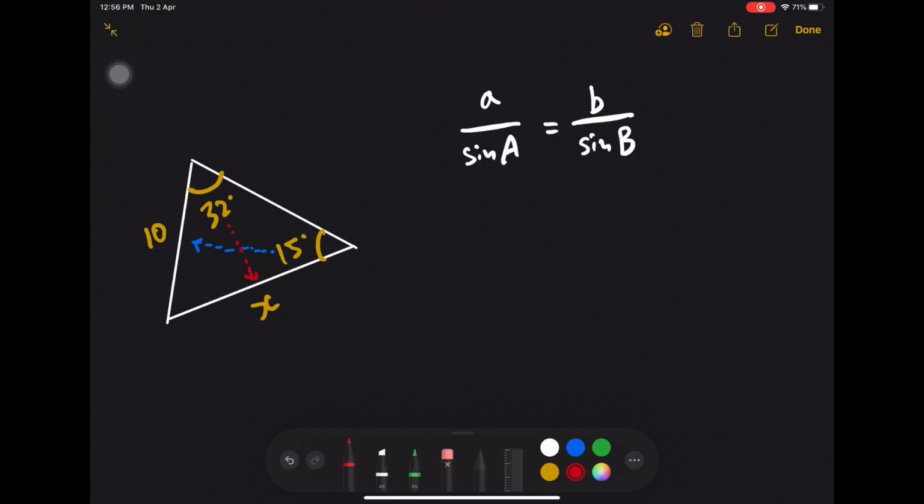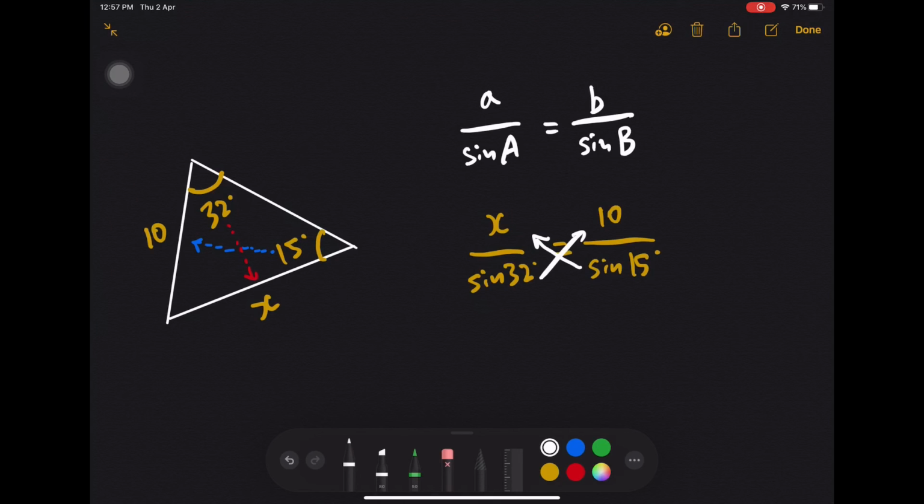Once you have this, you can use sine rule. Let me show you how to do this. I want to find my unknown x. My unknown x is the length over sine 32, and I'm given 10 units, my length, over sine 15. To solve for x, all we need to do is cross multiply.